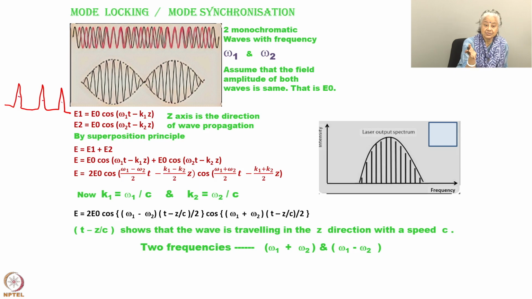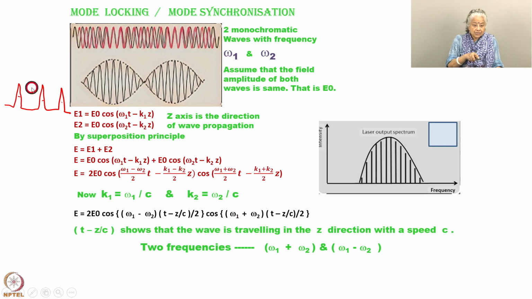The same thing happens even in light. Both of them are treated as waves, and the conclusion is really the same for both. So when I have two modes overlapping with each other, I'll get something like this, which are called beat frequencies.